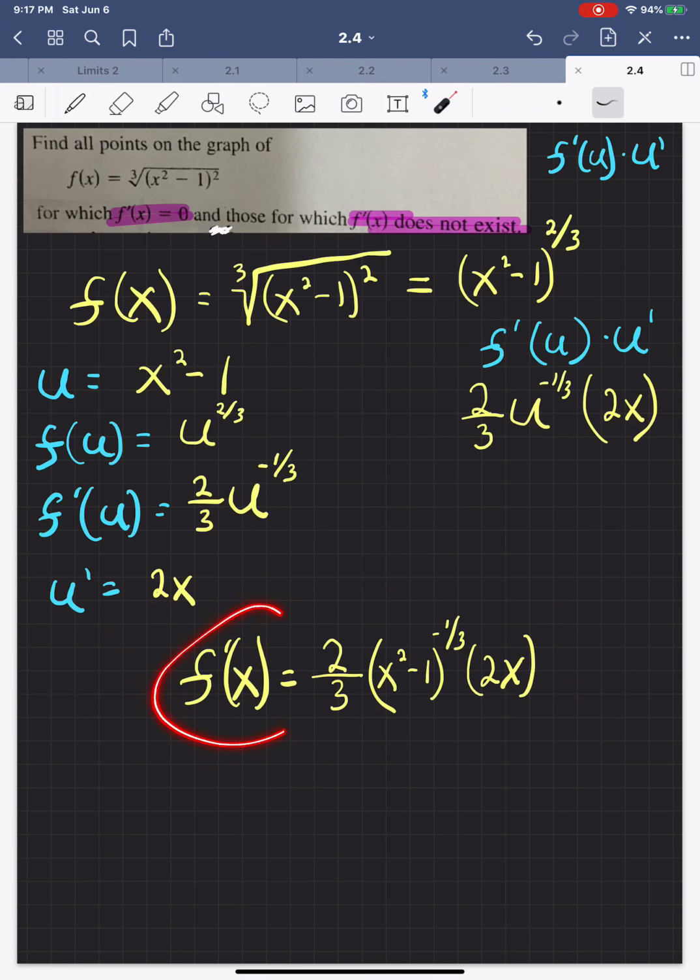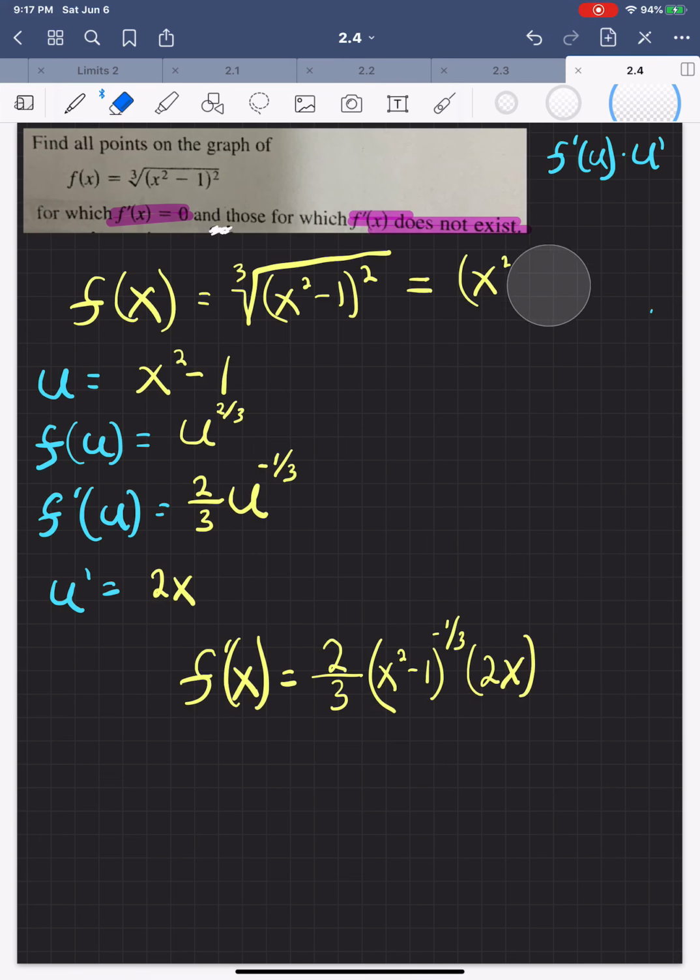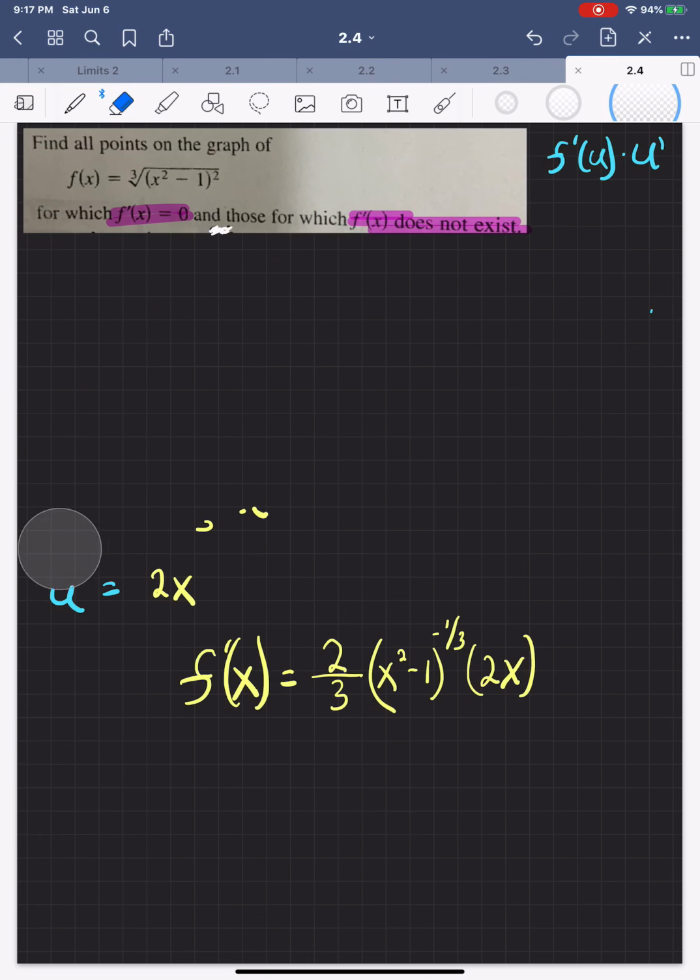Well, I have the derivative. I want to know, when does the derivative equal 0? That's easy. I'll just be setting f prime equal to 0. But I also want to know, when does the derivative not exist? So interesting. Let's go ahead and clean all of this up here and give myself a little bit of space.